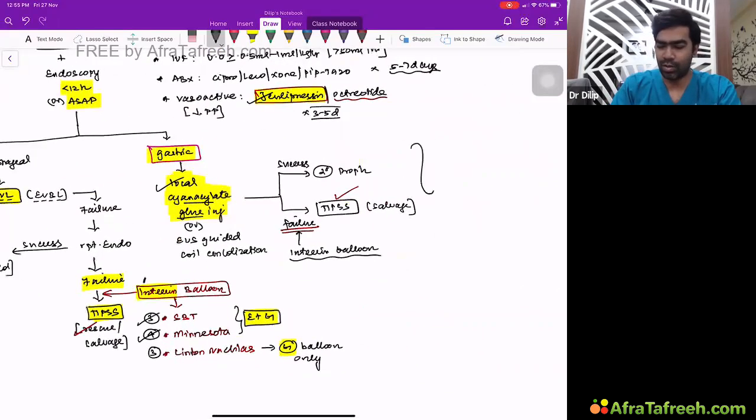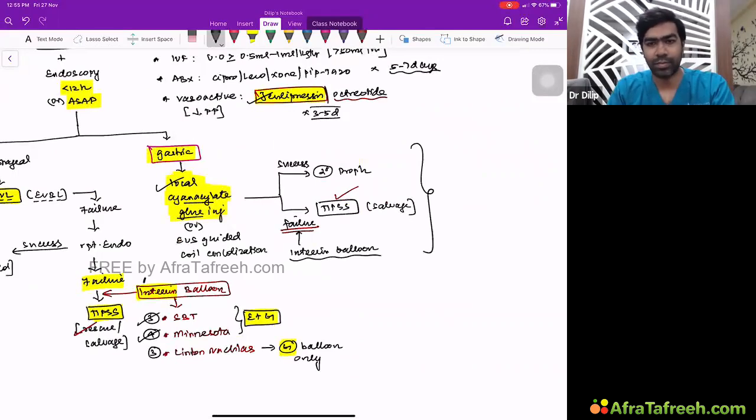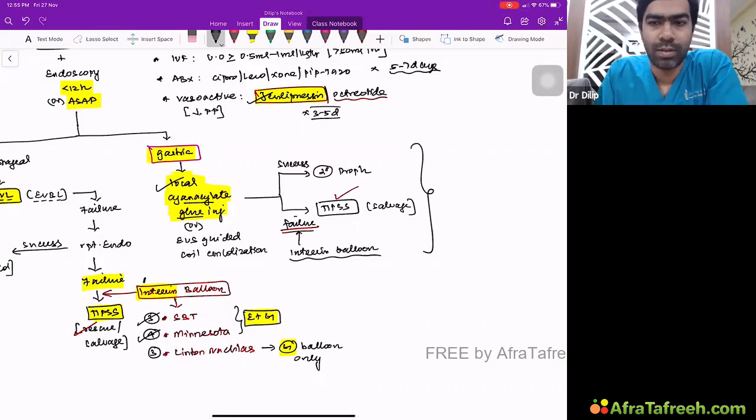For gastric varix alone, there is a classification system. What is the name of the classification system? It's named after an Indian, because it's the Indian gastroenterologist who proposed this classification. Does anyone know the name of the gastric varix classification? Of course, the question is for the audience.